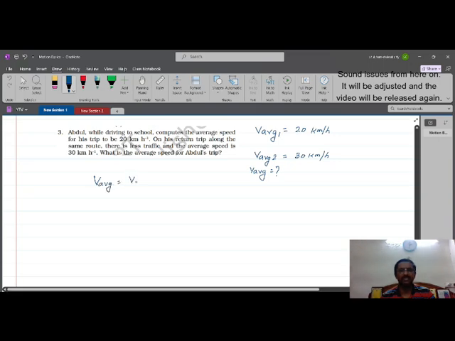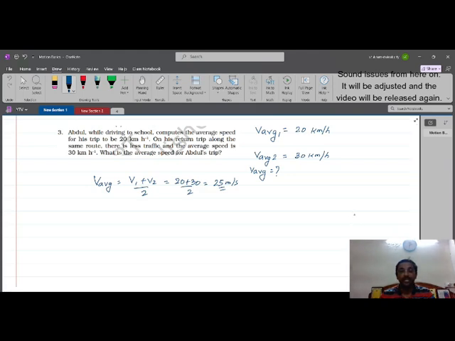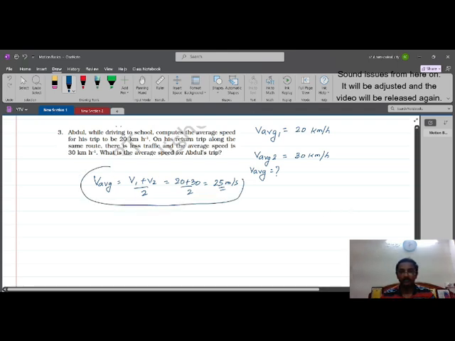We just say it is V1 plus V2 divided by 2, so that comes out to be 20 plus 30 divided by 2, and that is 25 meters per second. That would not be correct, because you cannot really add the average velocities and just divide them by 2.